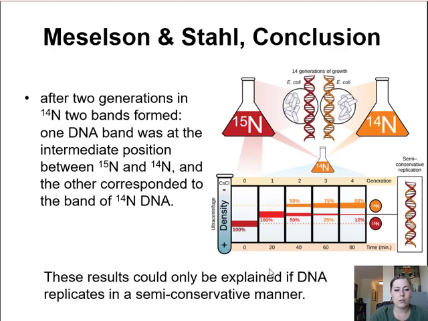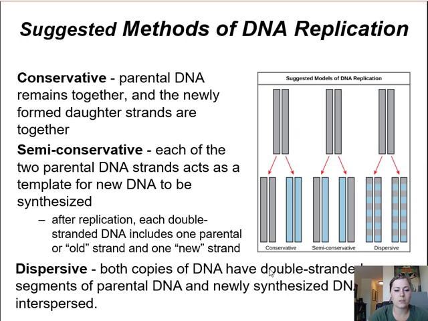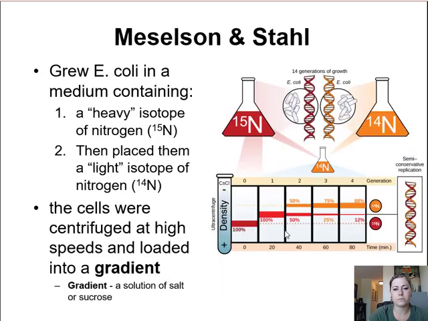So this could only be explained if the DNA were to replicate in a semi-conservative manner. So let me back up so you can remember what that is. So that means that you have a resulting complementary daughter strand of DNA paired with the old parental DNA. But there's not this intermixing and they're not paired together.